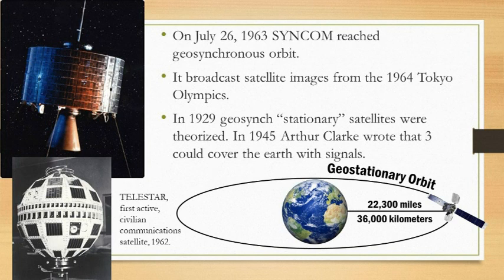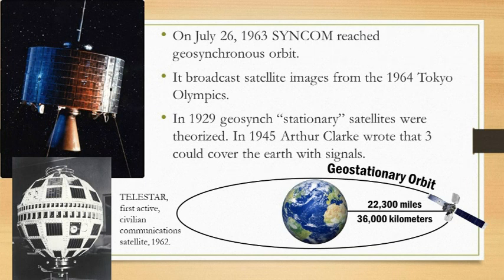And what happened is there were physicists and there were science fiction writers like Arthur Clarke who said, you know, we know exactly the rate of spin that the Earth has on its axis. We know the 23.5-degree angle on which the axis sets. If we could put out as few as three satellites at sufficient distance, they would appear to be stationary as the Earth spun around.